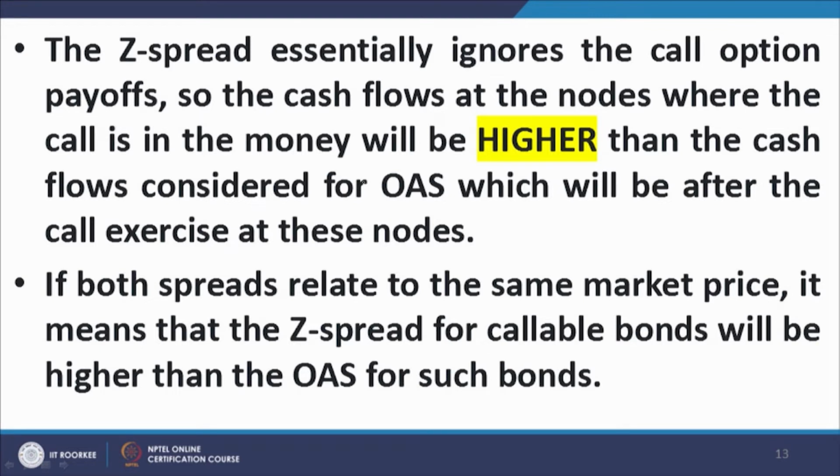So, if both spreads relate to the same market price, what happens? In the case of the Z spread, because we are not considering the optionality, we are not considering the payoffs due to the option, the payoffs are higher as explained just now, and because the payoffs are higher, and the price is the same, the discount rate has to be higher, that means the yield has to be higher.